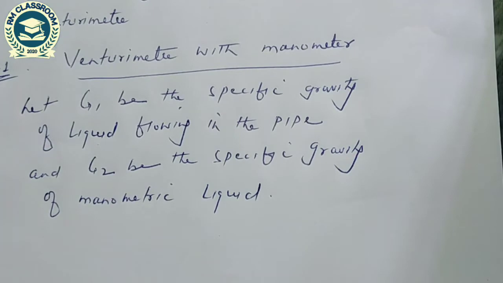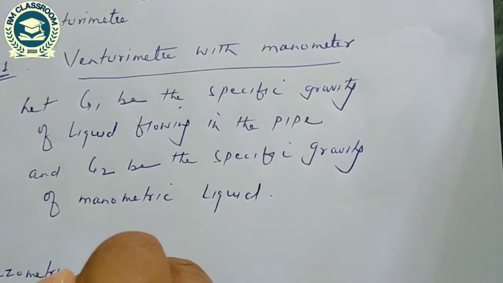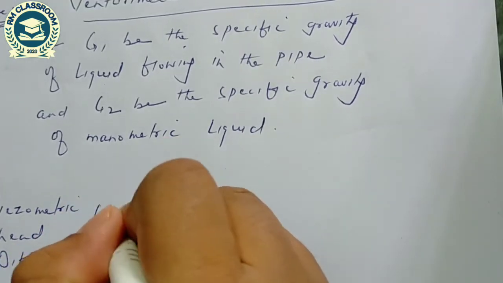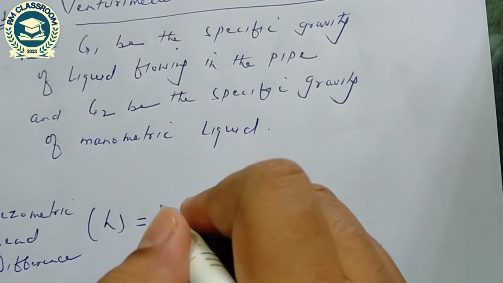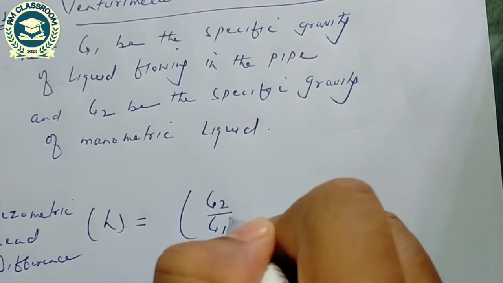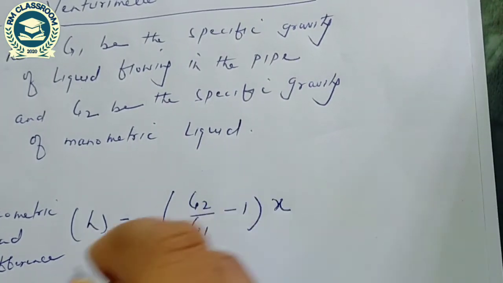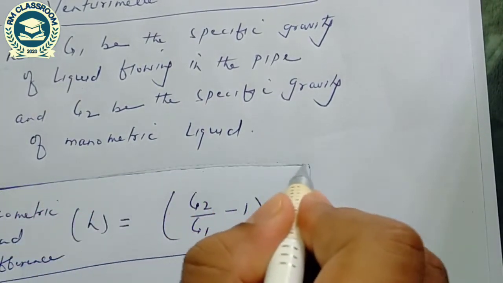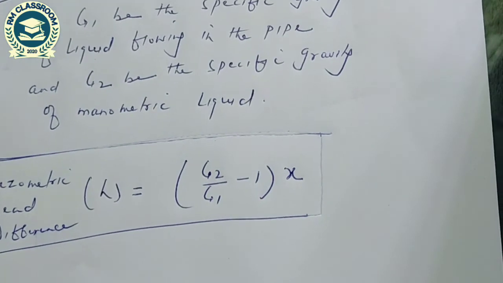So in this case the piezometric head difference H can be computed as (G2 by G1 minus 1) into x, where G1, G2 are already told.